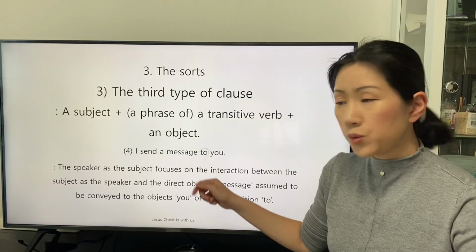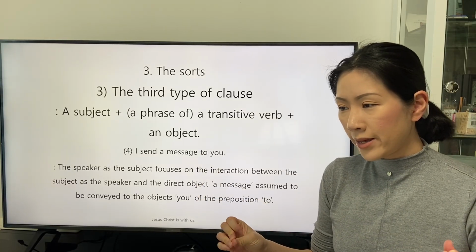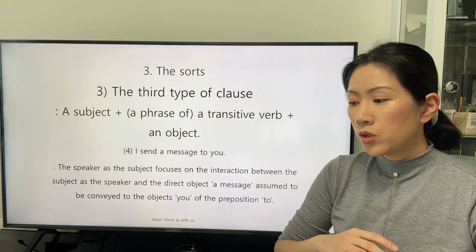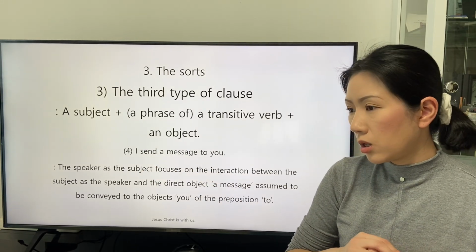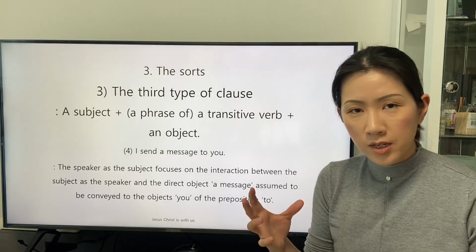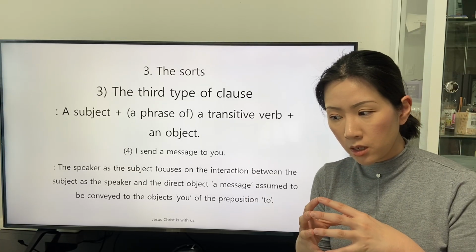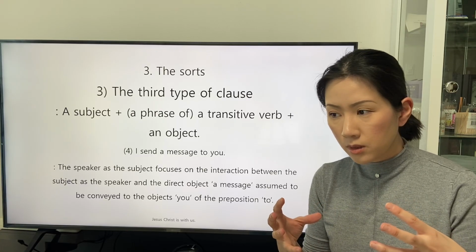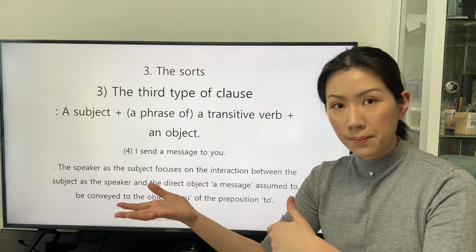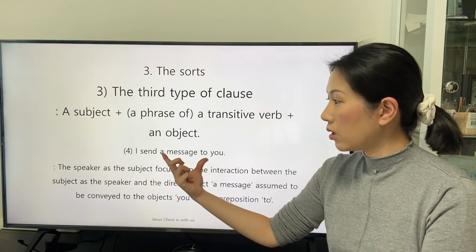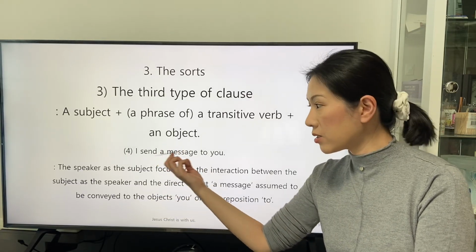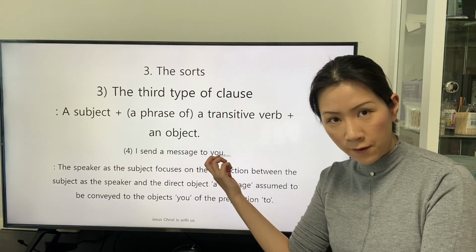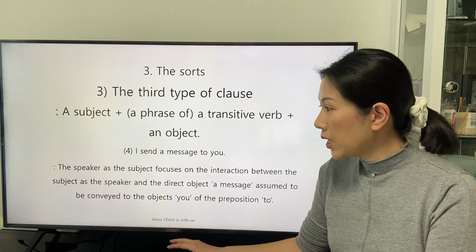The preposition to is matched with the transitive verb whose definition needs a time gap between the existence of the direct object and the existence of the indirect object.